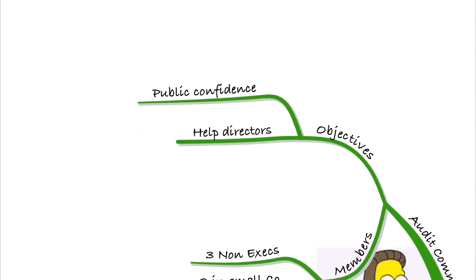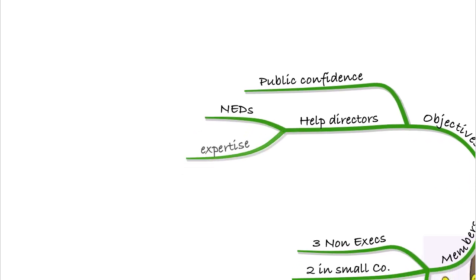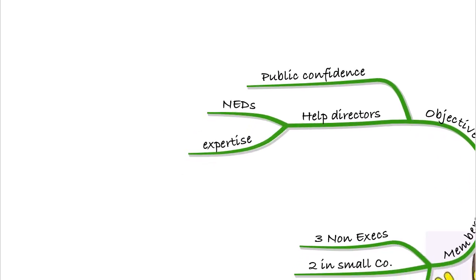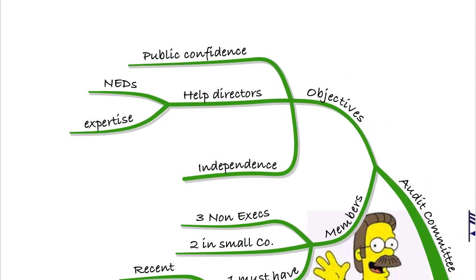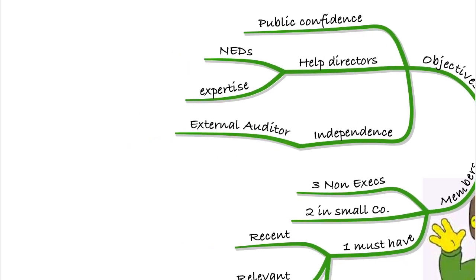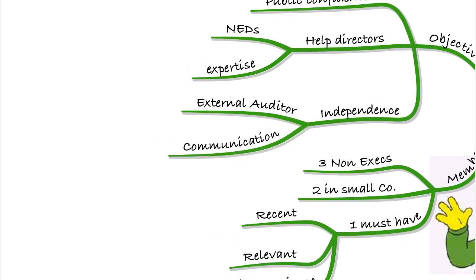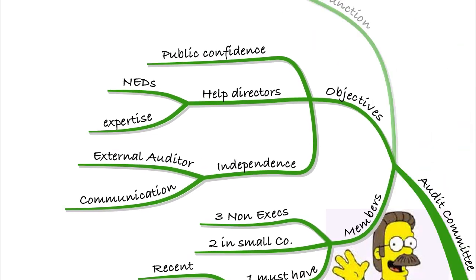Also, they'll be there to help the directors because those non-executive directors have that expertise, so they can help the board of directors. They'll also help to give independence, number one, to the external auditor, and also to ensure that there's communication between the external auditor and the directors.